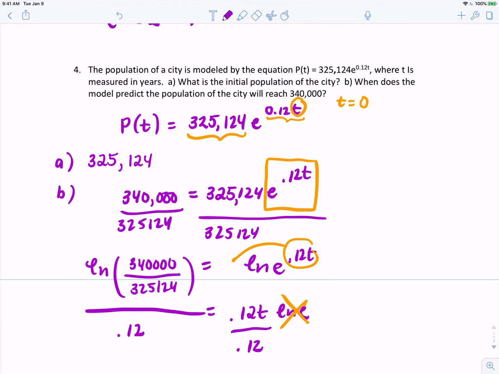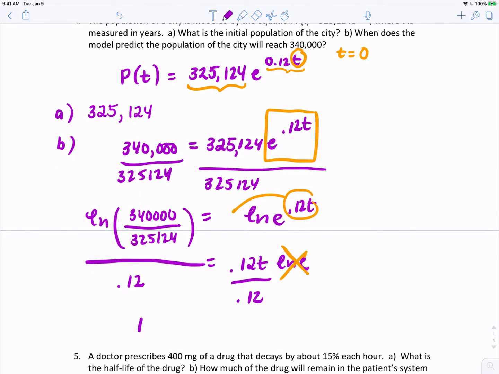So we have the natural log of 340,000 divided by 325,124, and we're taking that value and dividing it by 0.12. Oh, well, we have t equal to about 0.37. So according to this model, the population is going to reach that level in a very short amount of time.